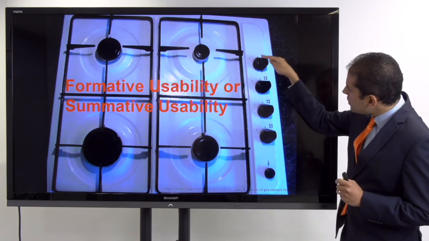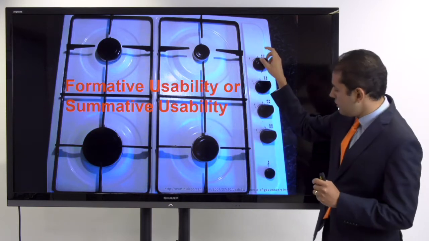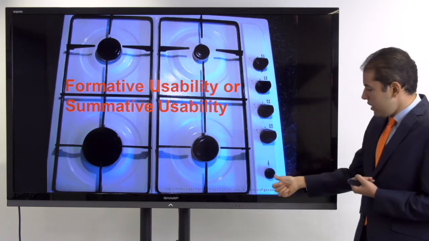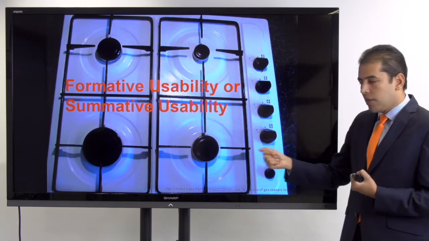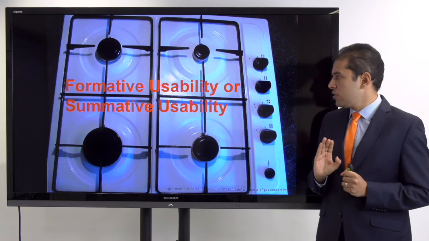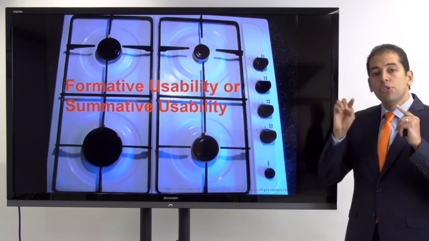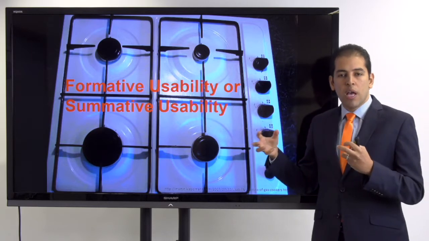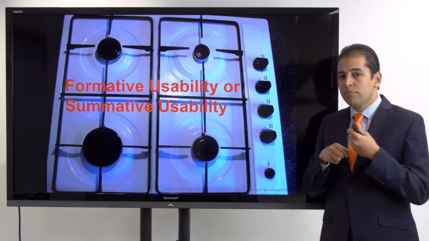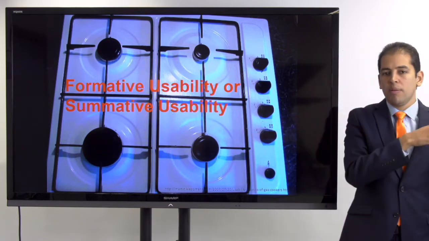So I have to read this sign and directly locate which one, and when I turn it on, most probably I will have electricity to ignite the fire. If I'm doing formative usability testing, then most probably I'm doing it during the design of the stove. I will have a small sample, I do trial and error, I check, I modify my design.